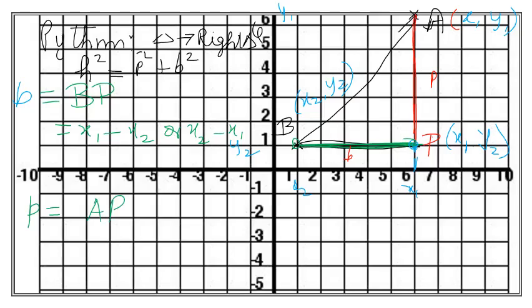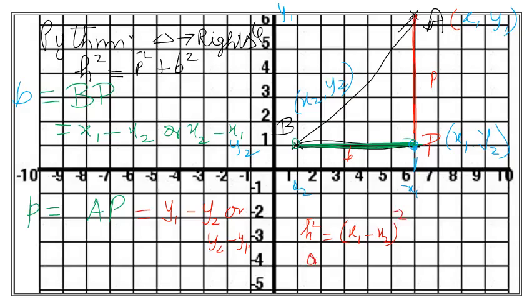AP is y1 minus y2, or y2 minus y1. Now we have the hypotenuse: h square is equal to p square plus b square. P square is y1 minus y2 the whole square, and b square is x1 minus x2 the whole square.